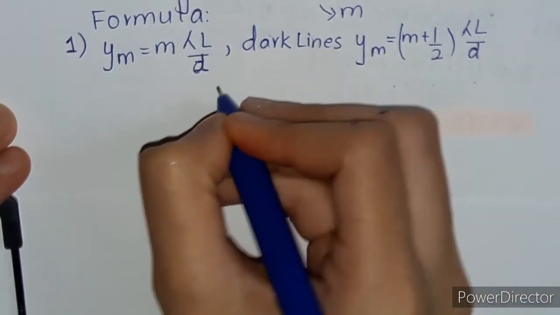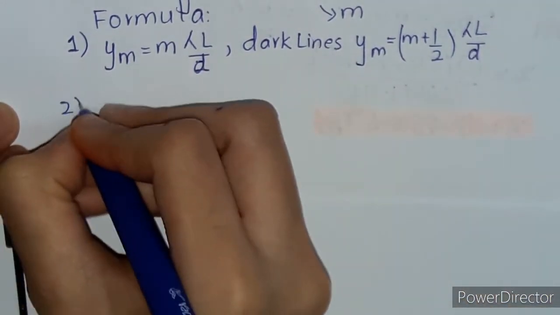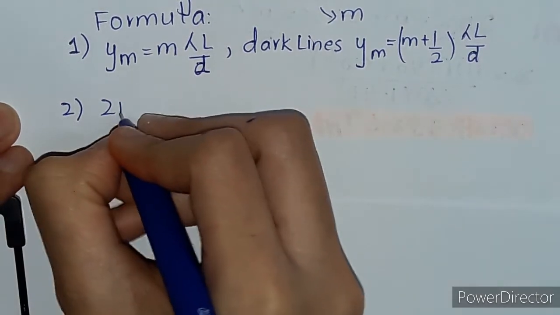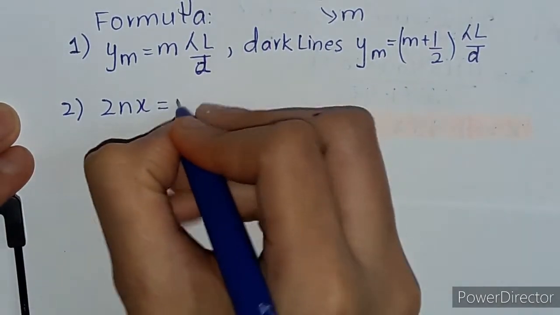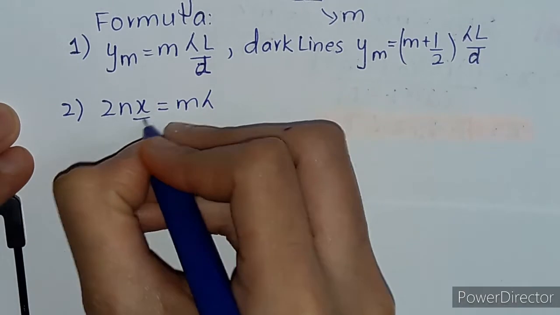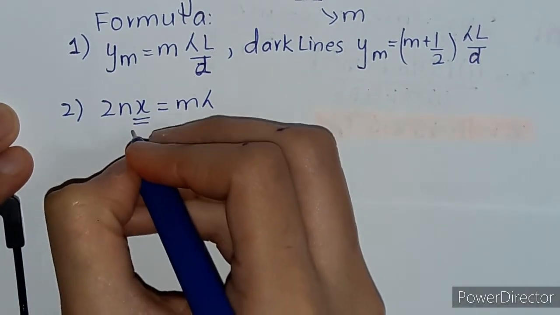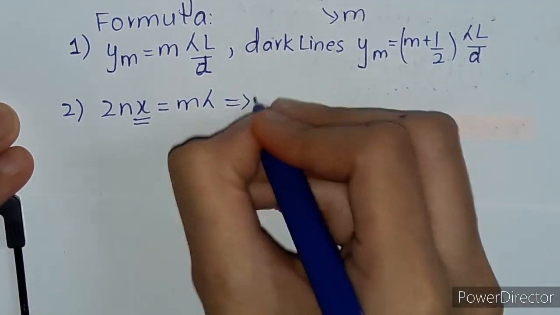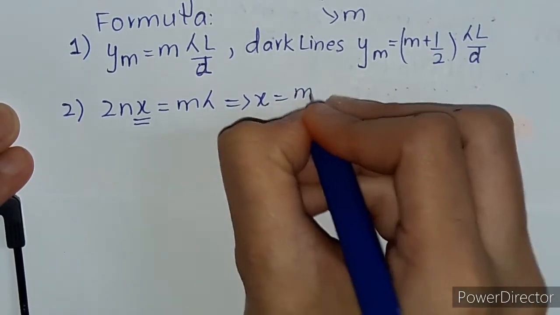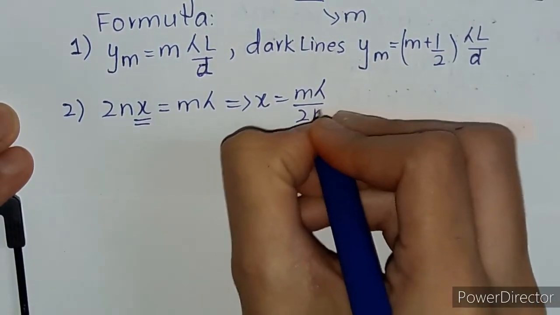And the second formula is 2nx is equal to m lambda. We have to find the value of x, the thickness. So x is equal to m lambda divided by 2n.